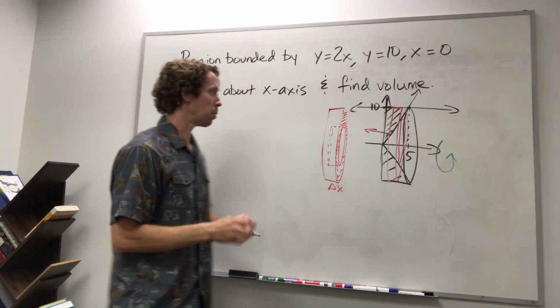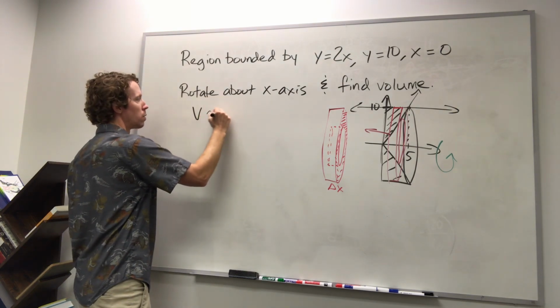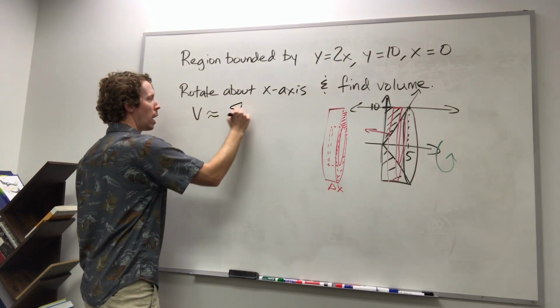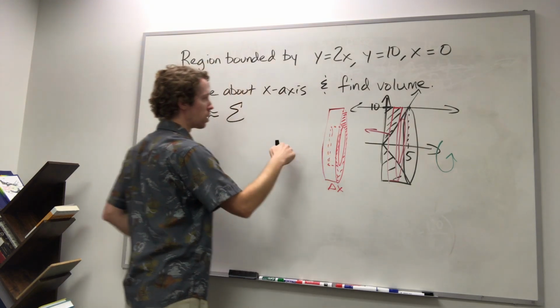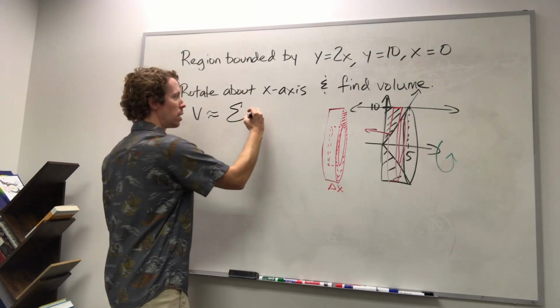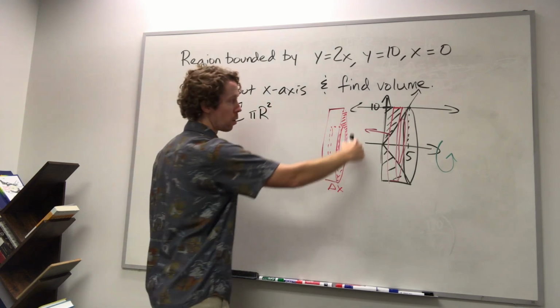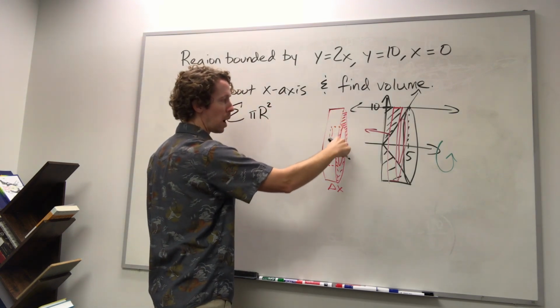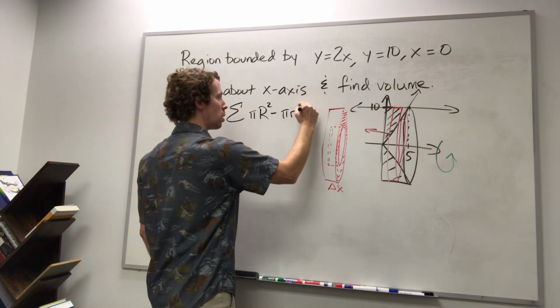That means that before I get the integral, my approximations for the volume are adding up the area of this outside times the width. So the area of the outside is pi r squared for the big circle minus the area of the little circle, so minus pi times little r squared.